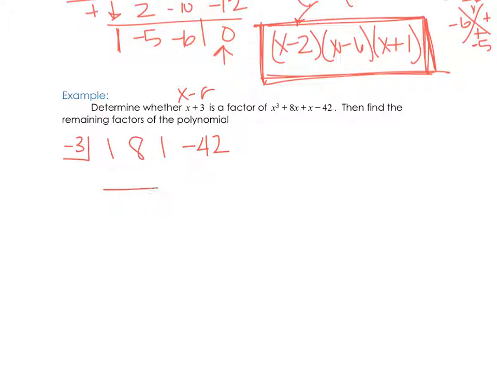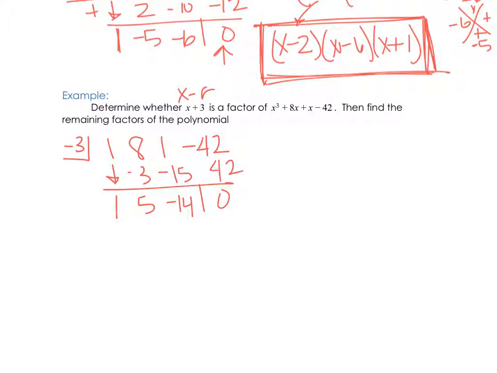So bring down the 1. Negative 3 times 1 is negative 3. 8 and negative 3 is 5. Negative 3 times 5 is negative 15. 1 and negative 15 is negative 14. Negative 3 times negative 14 is 42, which does indeed give us a remainder of 0.